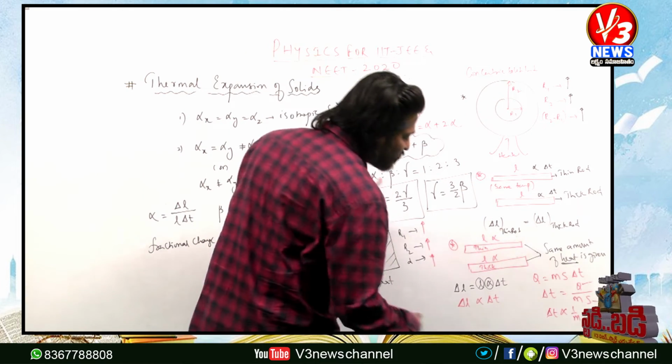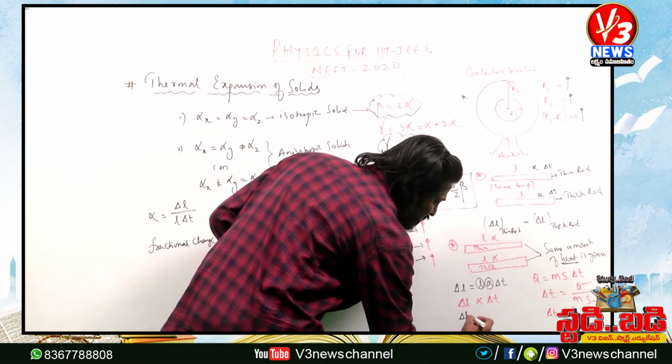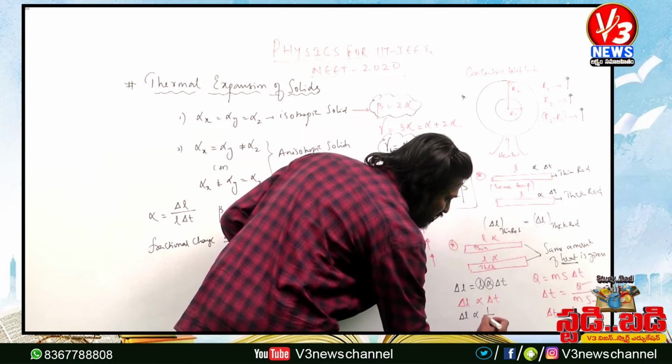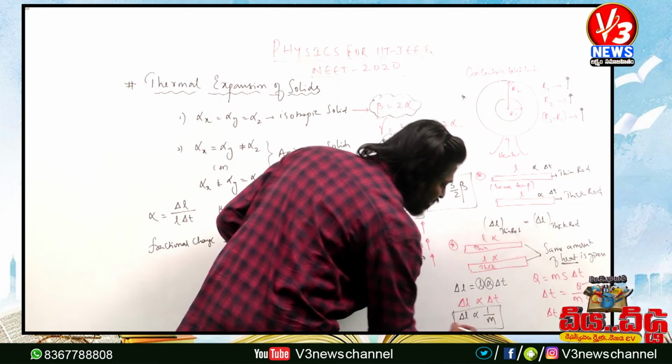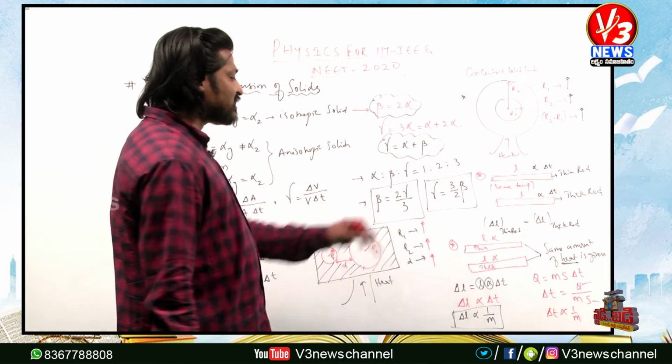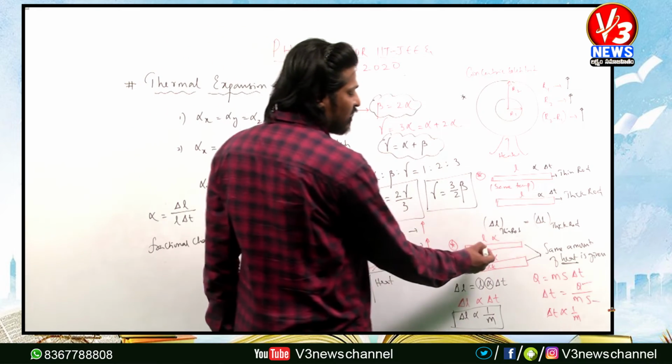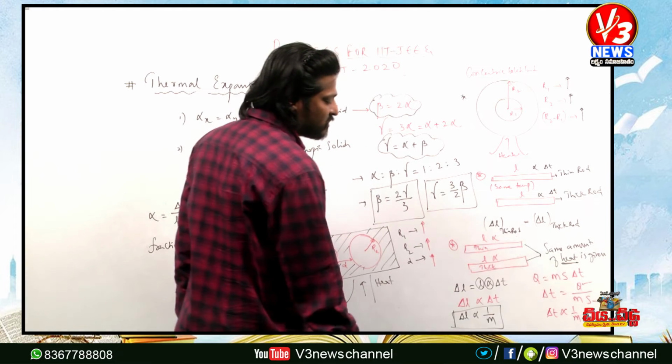So I can write from this relation that delta L is inversely proportional to mass. That means in the thin rod and thick rod, the mass of the thin rod is lesser, and the mass of the thicker rod is greater.